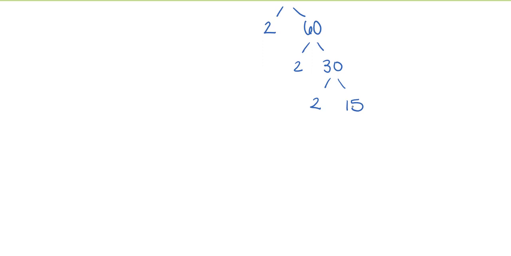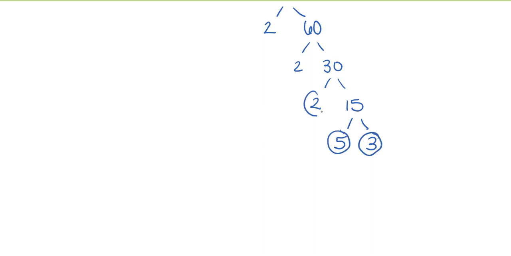Notice that now we have 15. Well, that can be broken down into, no longer 2, but this can be a 5, because it ends in a 5. 15 divided by 5 is then 3. So notice we're done. We don't have any more numbers we can break it down into because we all have prime numbers at the end.